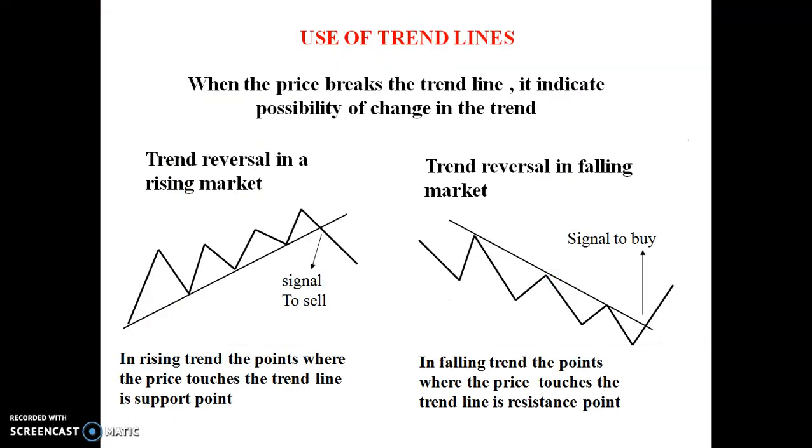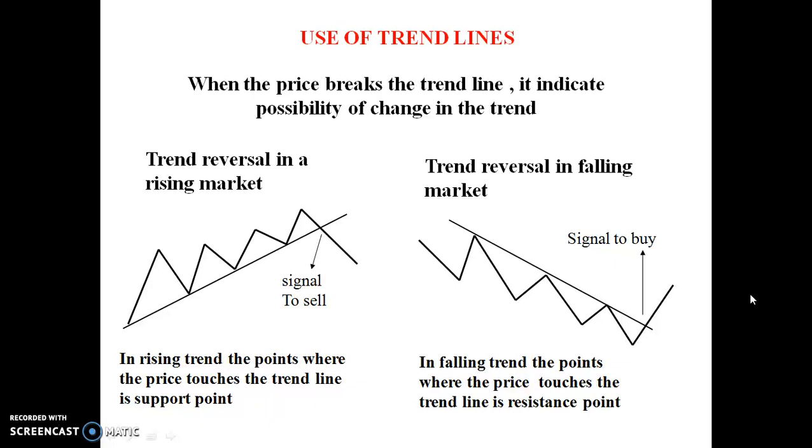Trend lines are useful to identify the trend reversal and support and resistance levels. As shown in the right hand sketch, if a strong falling trend line is broken and price starts moving in upward direction, one can decide to buy the stock because this violation of the trend line by stock price indicates possible change in the previous falling trend.